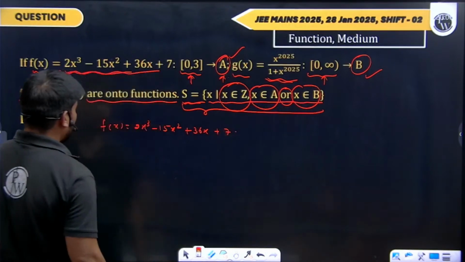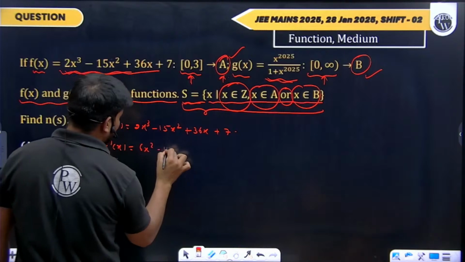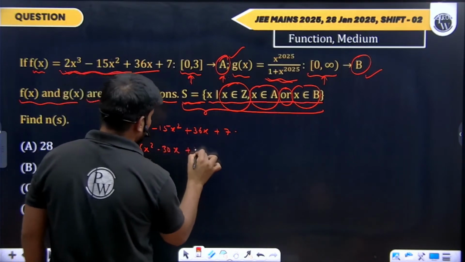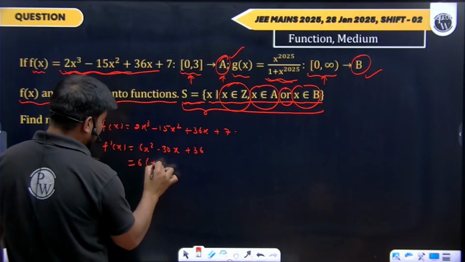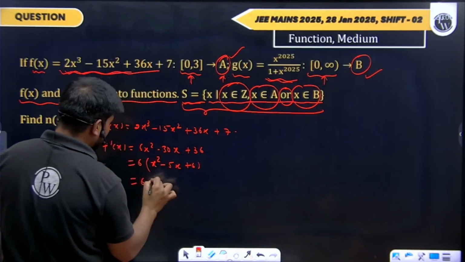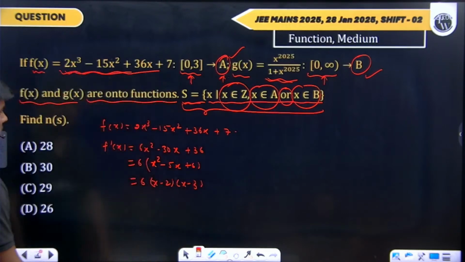So f'(x) will be 6x^2 minus 30x plus 36. We can take 6 as common and we will get 6 into (x^2 minus 5x plus 6), that will be (x minus 2)(x minus 3).